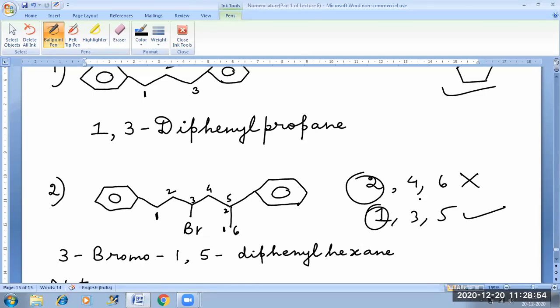That is why I don't choose 2, 4, 6, I choose 1, 3, 5. So the lowest set of locants has been chosen.